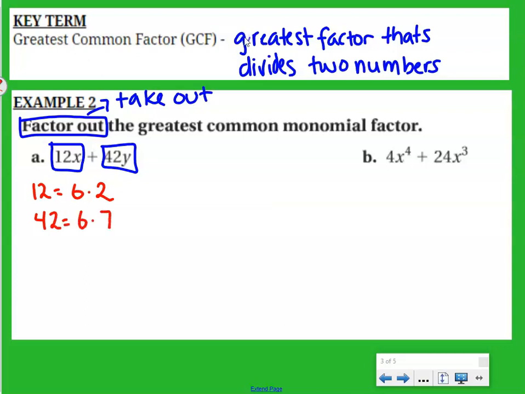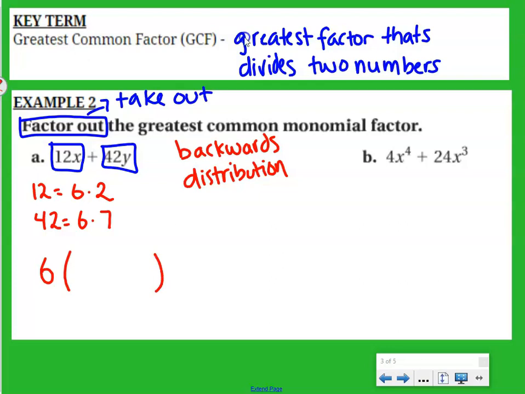So we want to take that 6 out. So we're thinking backwards distribution. So we want to take the 6 out and multiply inside by what's left.